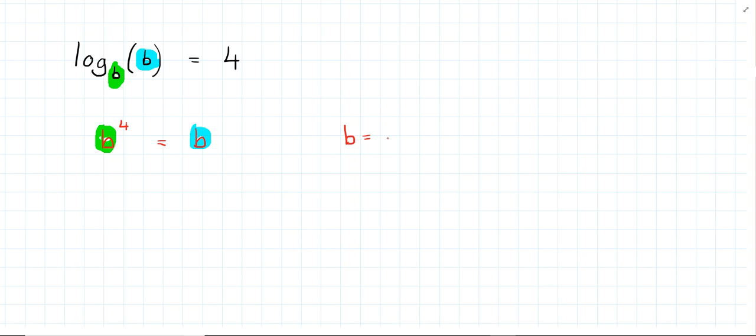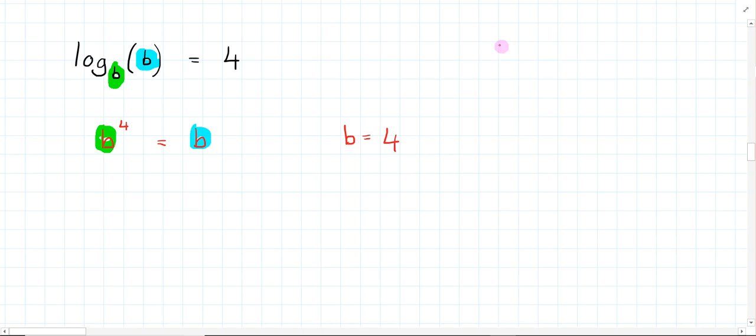Yeah, so it would just be b equals 4. No. B equals 1. b does equal 1. Because the thing is, we're not saying this one is not, yeah, b is equal to 4.